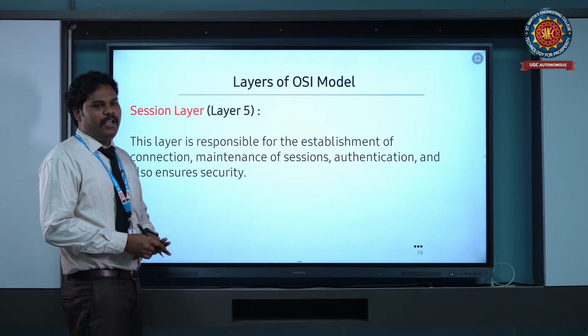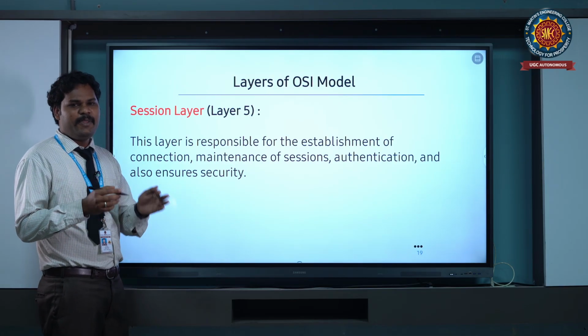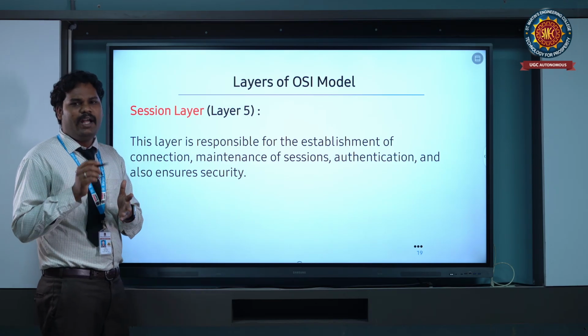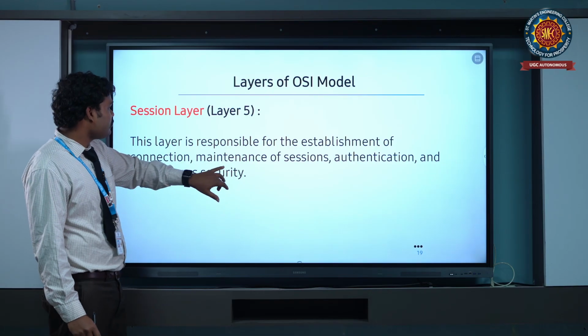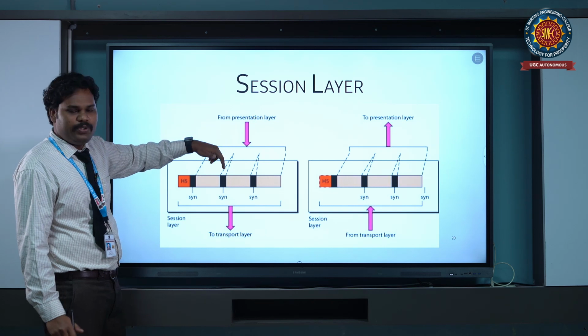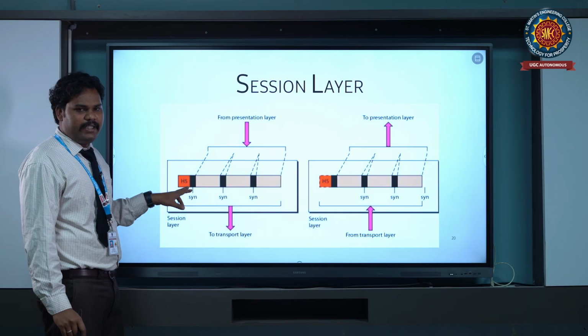The session layer is the fifth layer in the OSI layer. The session layer maintains, from sender to receiver, dialog control, authentication, and is also used for security purposes. And the presentation layer sends the data to the session layer, converting the IP address, header and trailer.